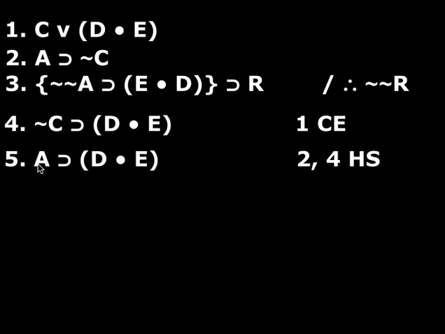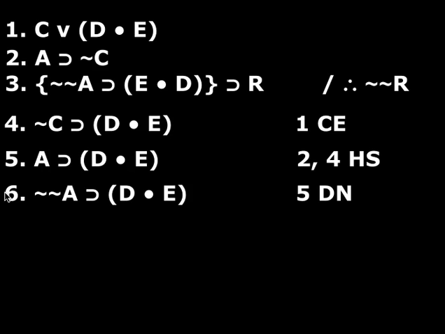Now what I'm going to do is work on this with the replacement rules to turn it into this. Okay, first thing I'm going to do is I don't want A, I want not A. So I can use double negation on the antecedent there to get not A, then D and E. If not A, then D and E. Almost there.